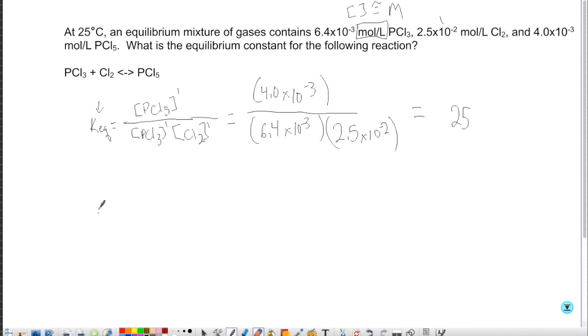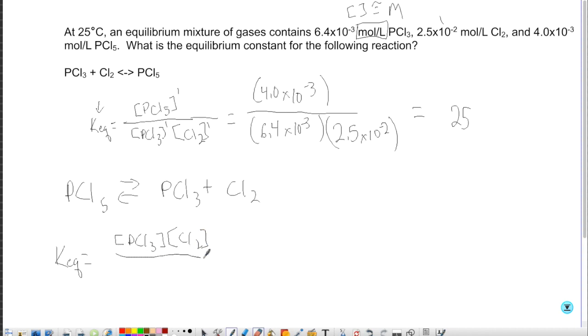All right, well, what about if I write the reaction like this? This is kind of going beyond the problem, but it's a good thing to think about and know about. So what happens if I write the reaction this way? Well, it's just the opposite. So KEQ in this case would be products, concentration of PCl3 times the concentration of Cl2 over the concentration of PCl5.